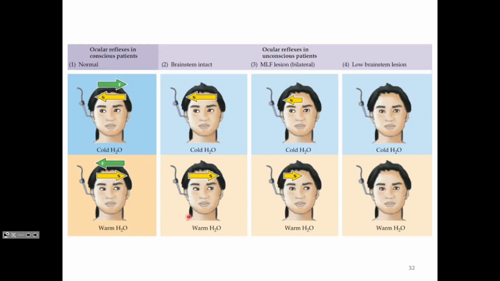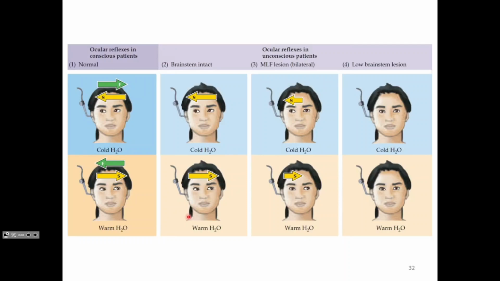Now you have a person with a bilateral MLF lesion, internuclear ophthalmoplegia, because of multiple sclerosis. What is going to happen? The connection of your vestibular nerve with the opposite abducent is intact, okay, but the MLF is gone. You put in the hot water, your opposite eye would move outward, but this eye is not going to move medially because the MLF is not working.